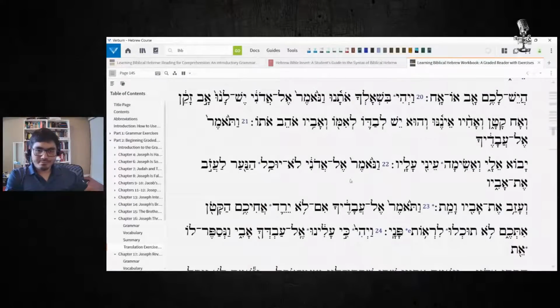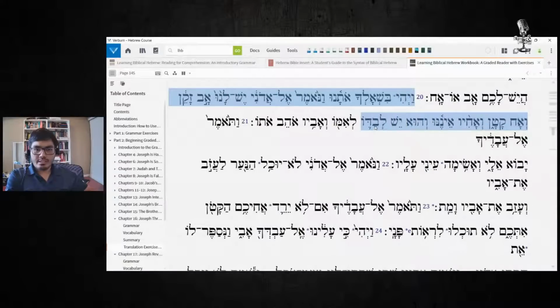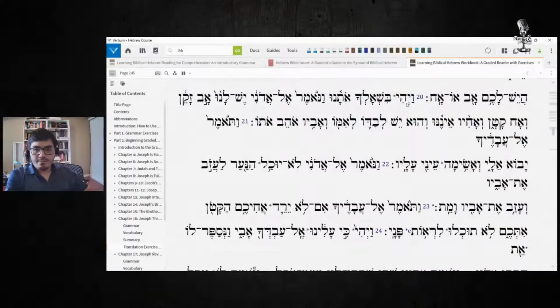And in verse 20, vanomer el adoni yesh lanu av zaken v'yeled zekunim katan, v'achiv met vayivater hu levado l'imo, v'aviv ahevo.